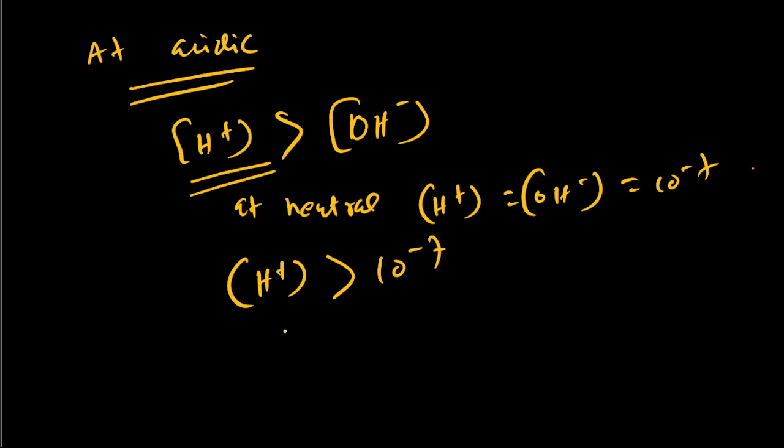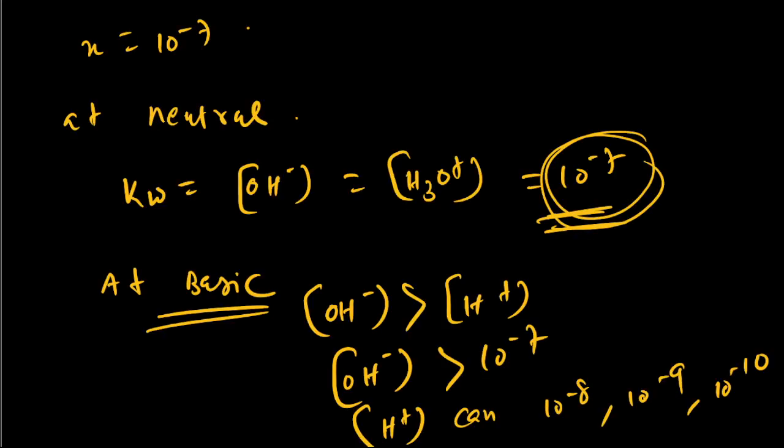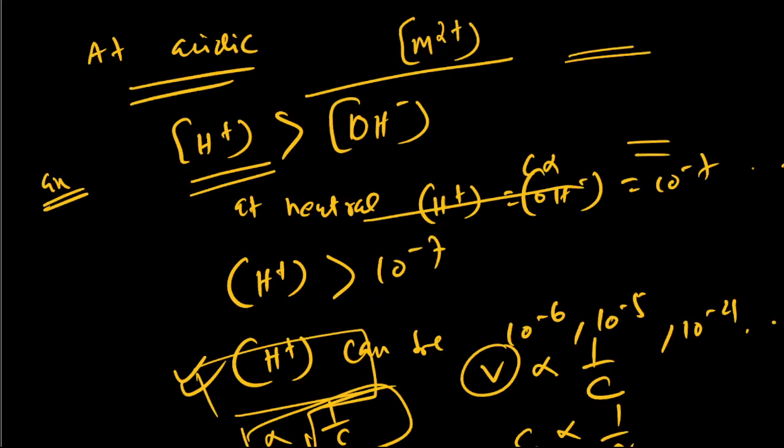Acidic means more than neutral, and basic means less than the neutral value for H plus. So for acidic, H plus can be more than 10 raised to minus 7, like 10 raised to minus 6, 10 raised to minus 5, 10 raised to minus 4, etc. Okay, so these are the values.